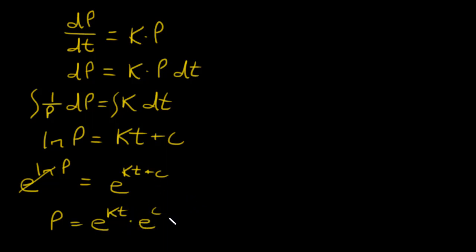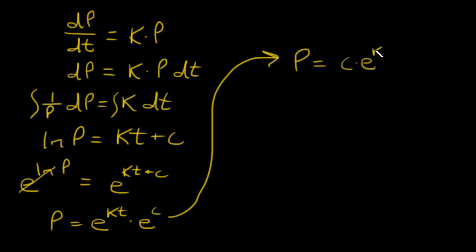So now that we have that, we then said, well, e to the C is also a constant, since e is a constant itself, so I can get P is equal to C times e to the kt.